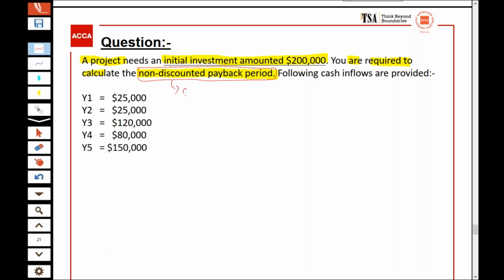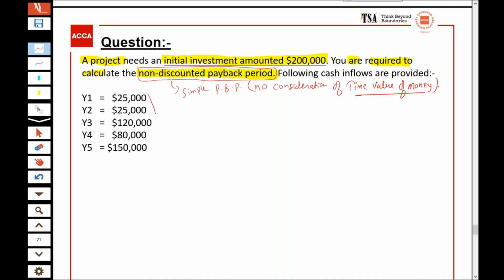Non-discounted means simple payback period, with no consideration of time value of money.